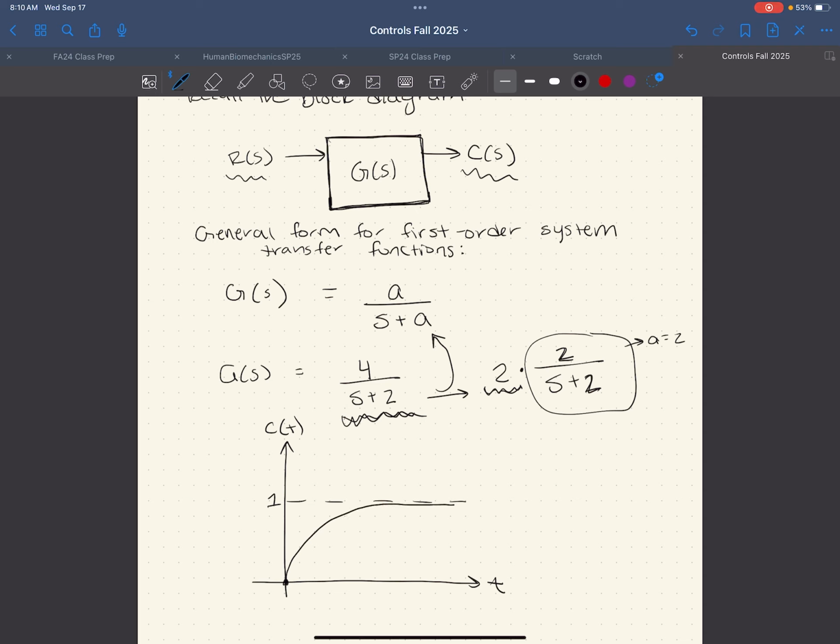It's going to approach that step input of 1. And we said that our time constant tau is the time it takes for our response to get within 63.2%. Good gracious, iPad's not happy today. So over here we had tau.